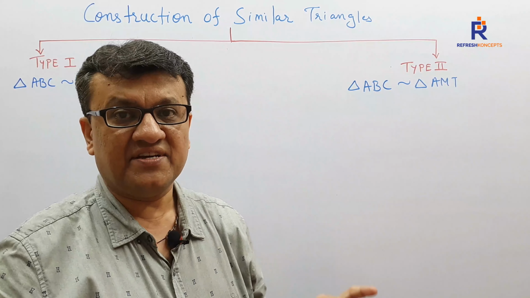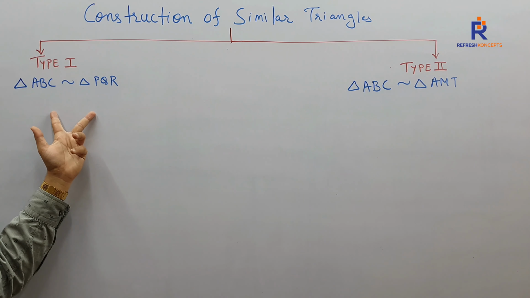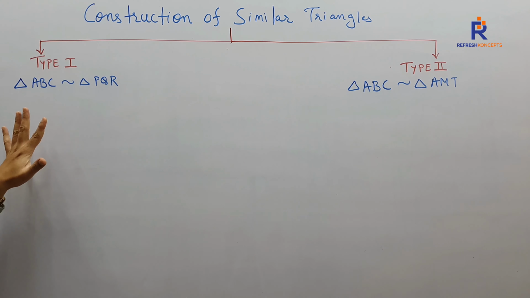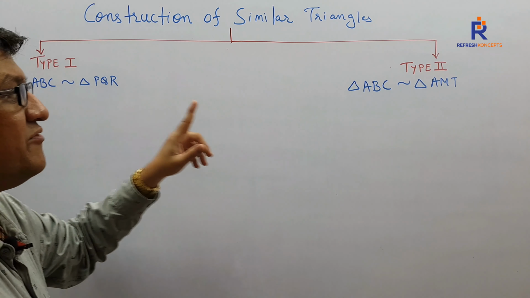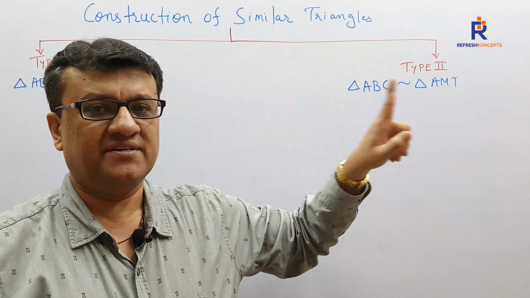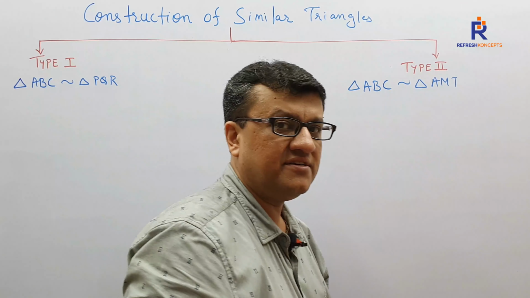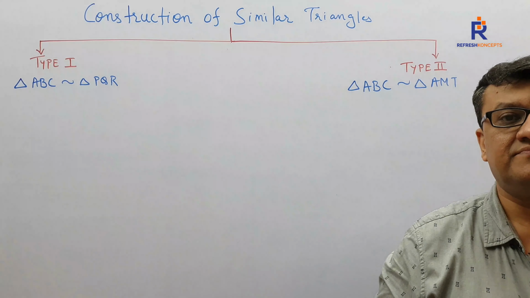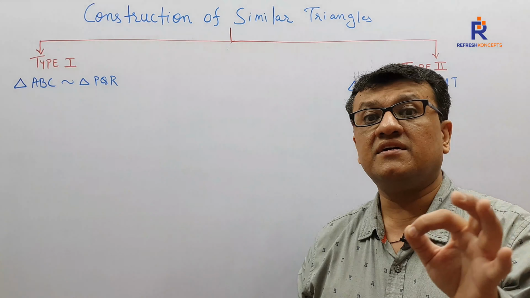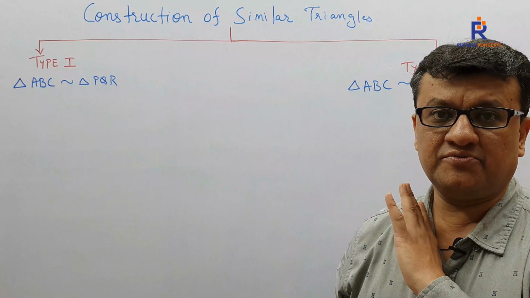So the moment you have a totally disjoint set of triangles where nothing is common, it belongs to type 1. And when you have one letter vertex common, it belongs to type 2. That is the major difference between type 1 and type 2. This is the highest point of difference between type 1 and type 2.